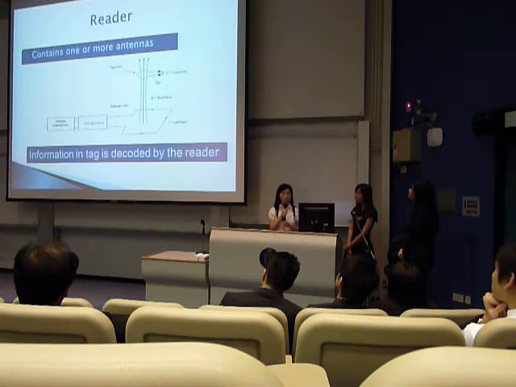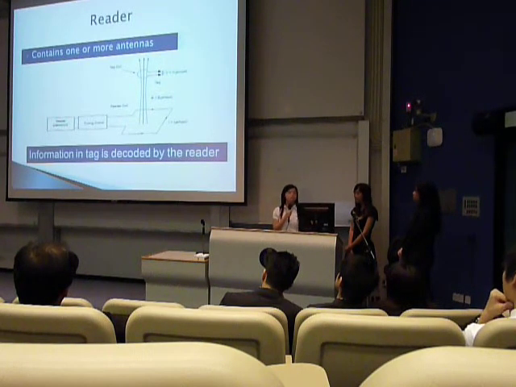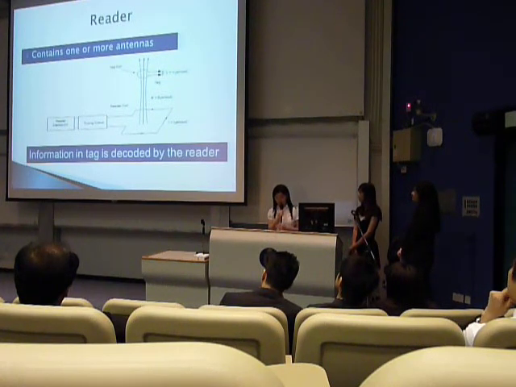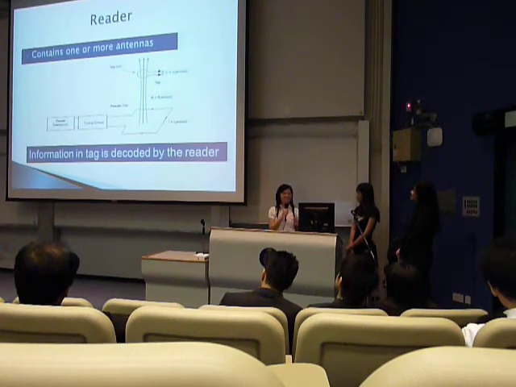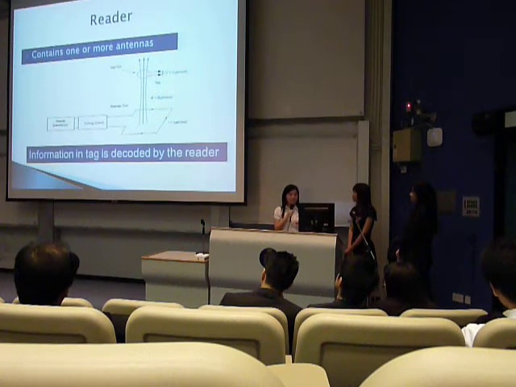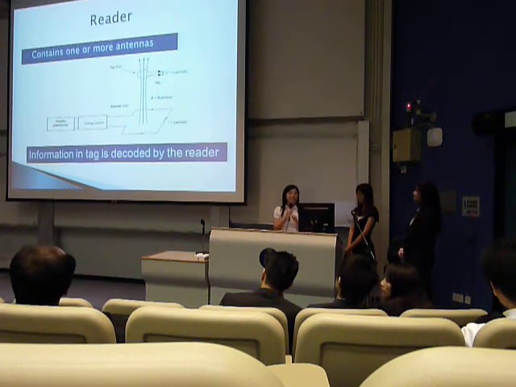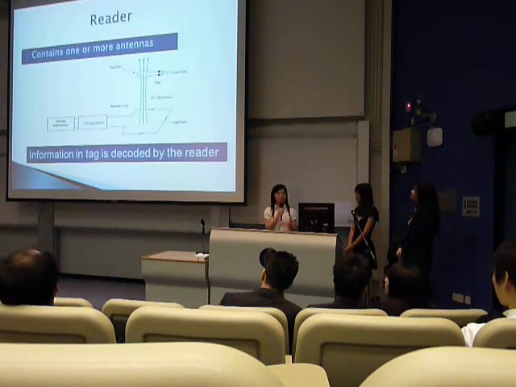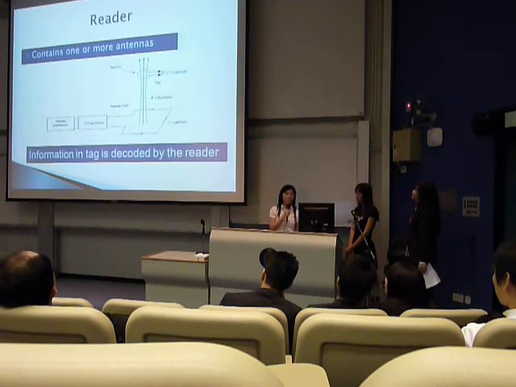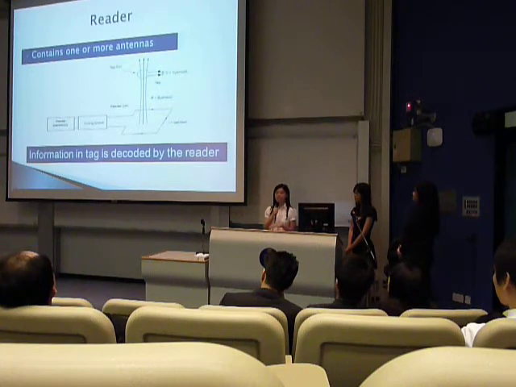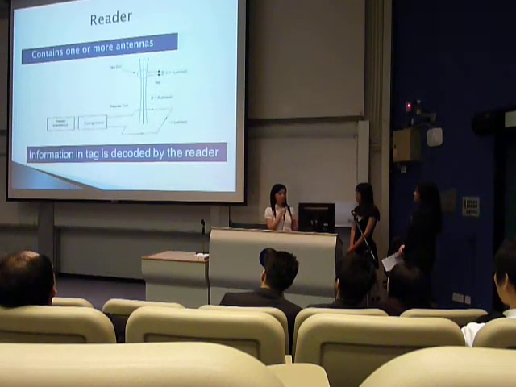This induced voltage will then cause a flow of current in the tag coil. So the information encoded in the tag coil will then be sent to the reader coil, and the reader will then decode the information and send it back to the computer system in digital form. So this is the introduction of the mechanism of RFID.